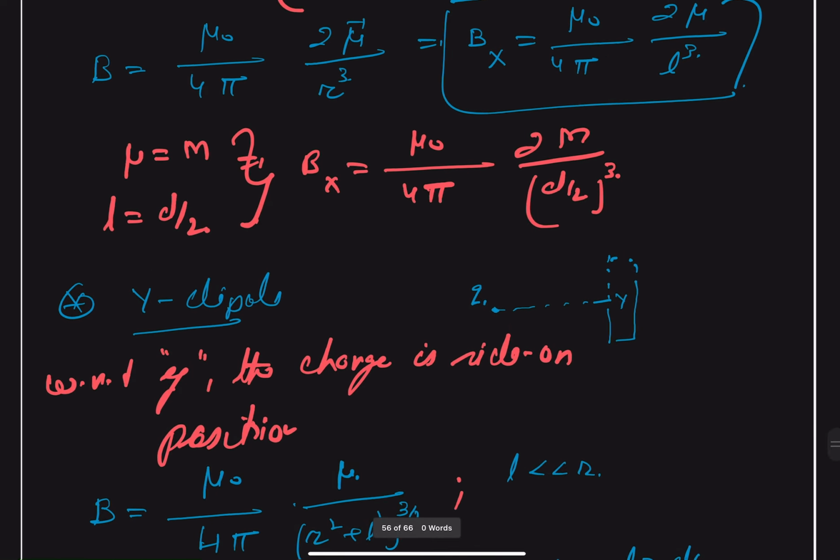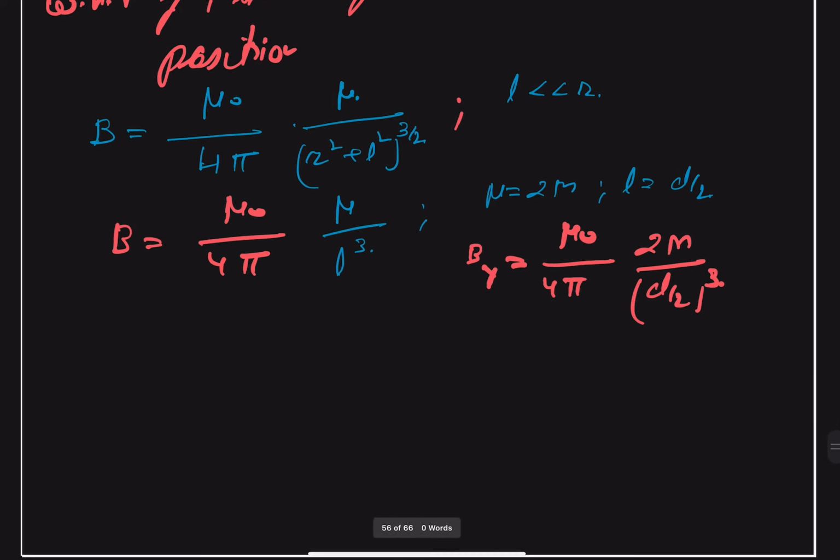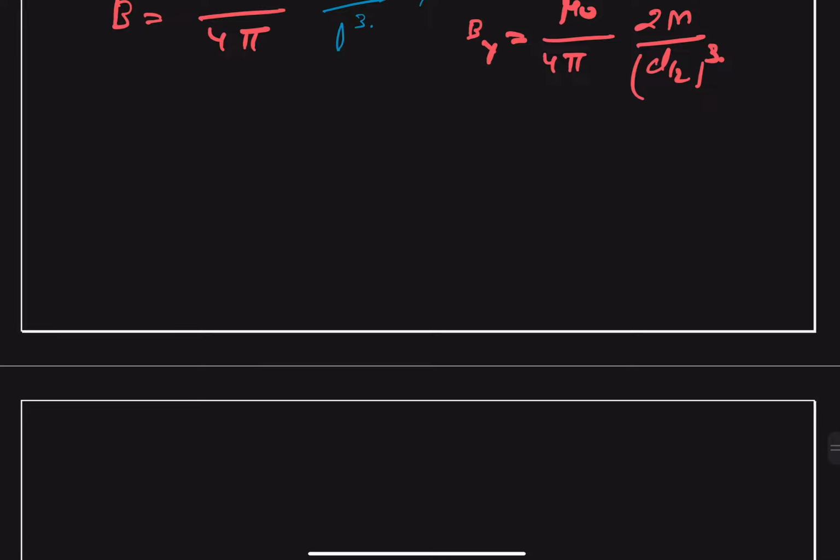So if we see that both bx and by are equal, this gives us that our bx is equal to by, and bx and by will be perpendicular to each other. Okay. So the direction of these two gives us the direction of the magnetic field.